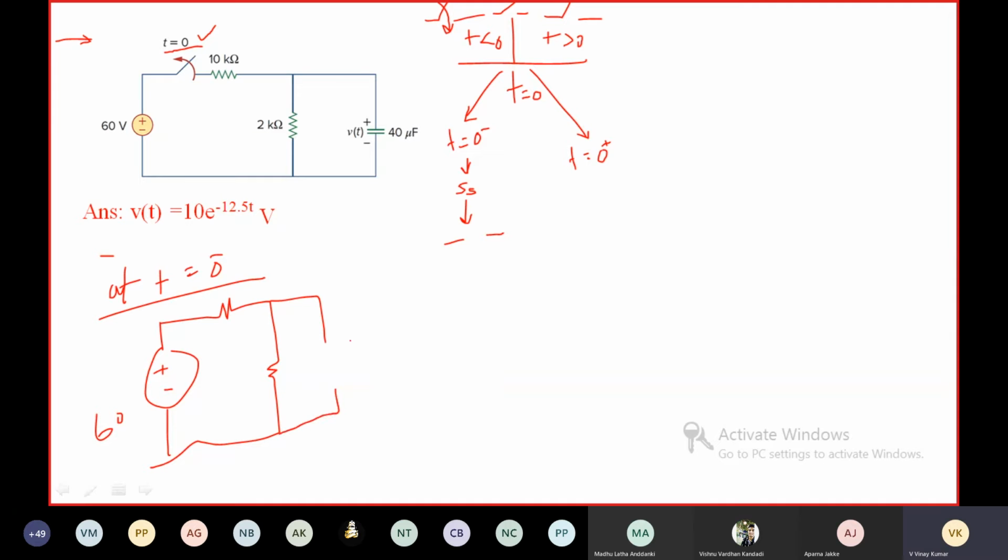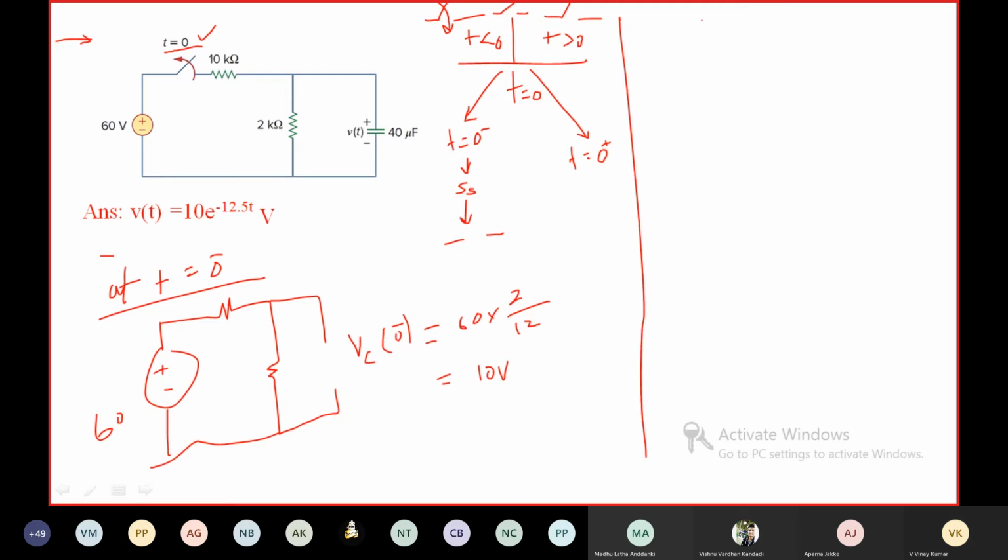At t is equal to 0 minus, the circuit becomes like this, with 60 volts. Vc of 0 minus, by using the voltage division rule, is 60 into 2 kilo ohms by 10 plus 2, 12. Okay, it is 10 volts.